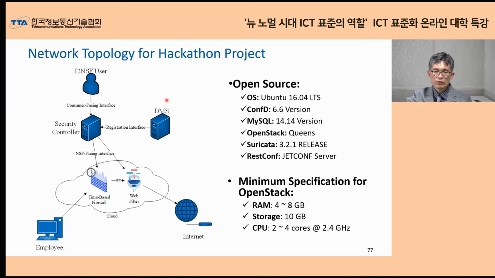This is the network topology for the hackathon project. This is the configuration: the I2NSF user, the security controller, the DMS, the development management system, a time-based firewall, and a web filter. They are connected using service function chaining, SFC.